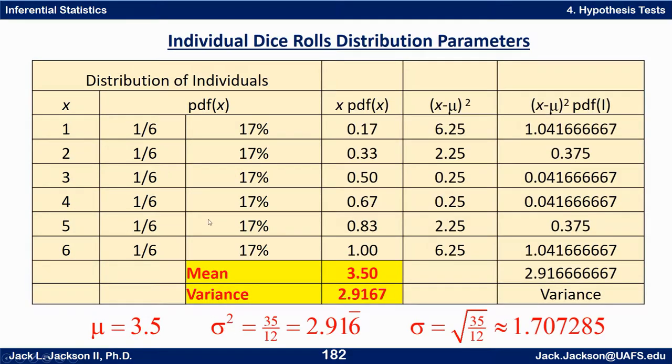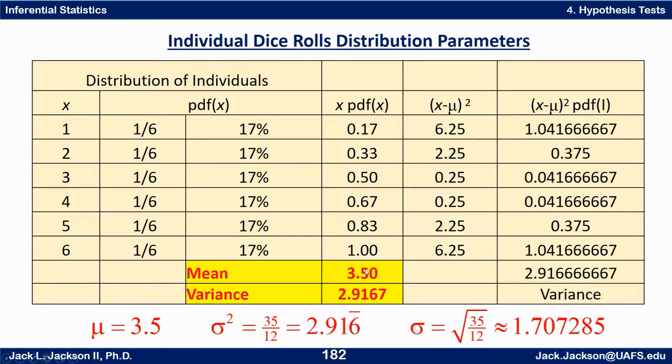You can compute the mean and variance from a table like this, if you remember how we did this before. To find the mean of a discrete distribution like this, we take the X value times its probability, and here they are rounded off. X times 1/6, so 1 times 1/6 is 1/6. 2 times 1/6 is 2/6, or 1/3, 0.3 repeating. 3 times 1/6 is a half. 4 times 1/6 is 2/3, approximately this, and so forth across here, multiplying each of these together.